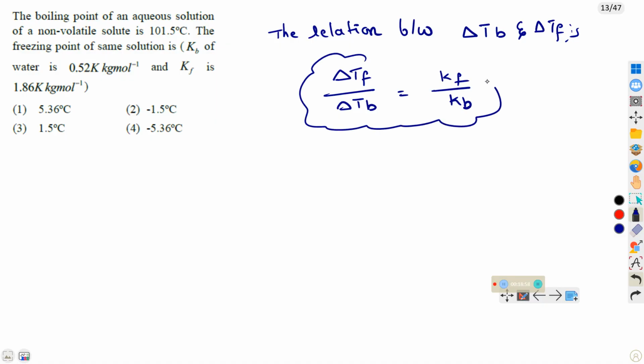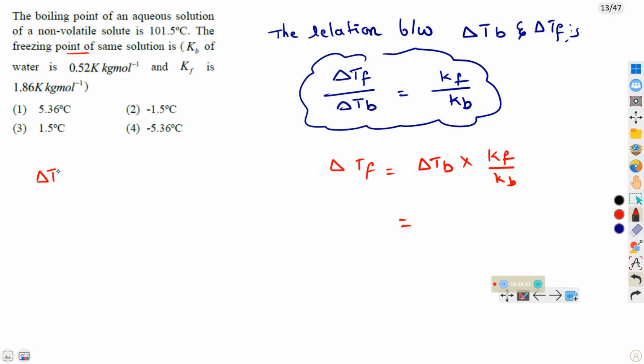This is the relation. So what is given? Calculate delta Tf. So delta Tf is equal to delta Tb into Kf by Kb. Delta Tb value is not given.